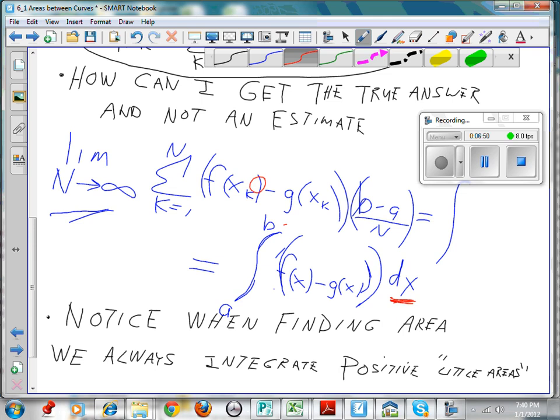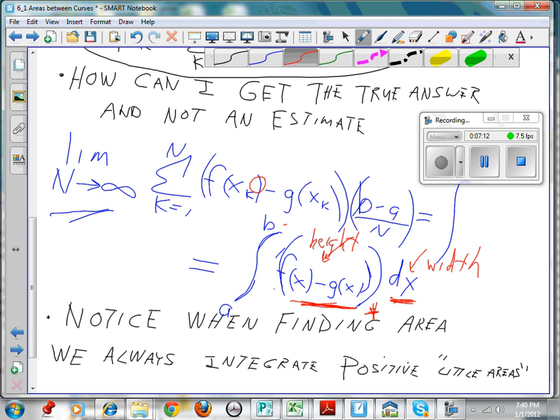Notice when I do this, this is the height, and that is the width. And if I'm really finding areas, this should always be positive. The height should always be positive. We always integrate positive little areas.